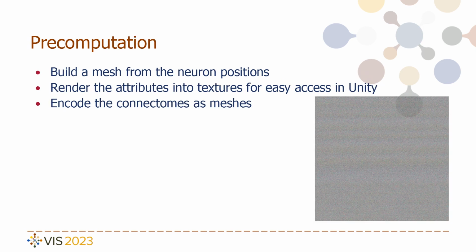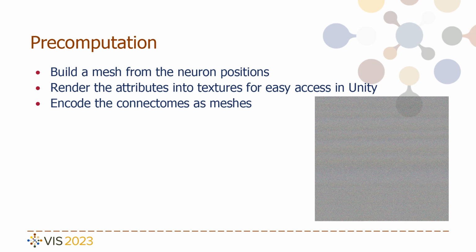We did quite extensive pre-computation. This was done in Python in order to take advantage of Unity's status as a game engine. For example, we rendered the attributes into textures so that they can be loaded by Unity's texture system and be available in shaders for computation on the GPU.